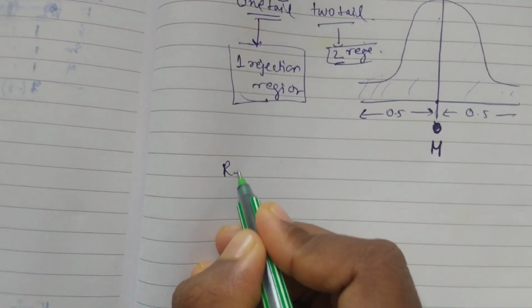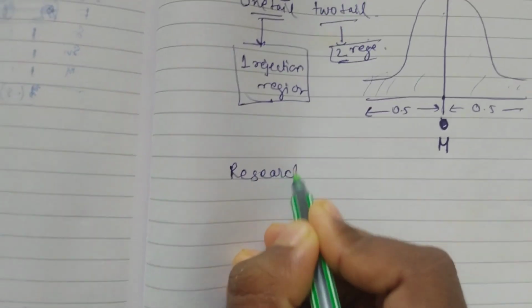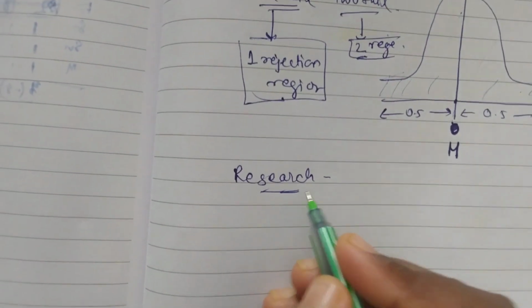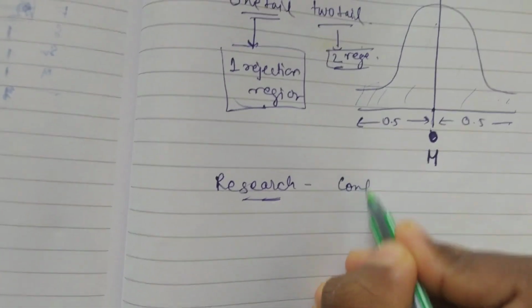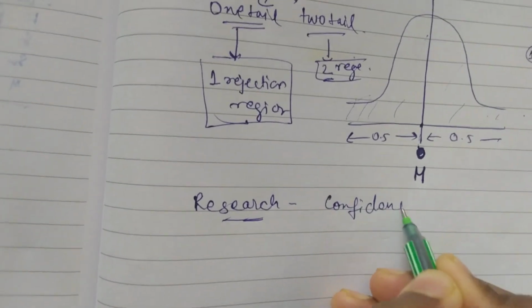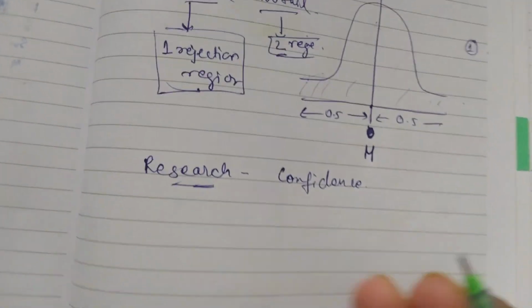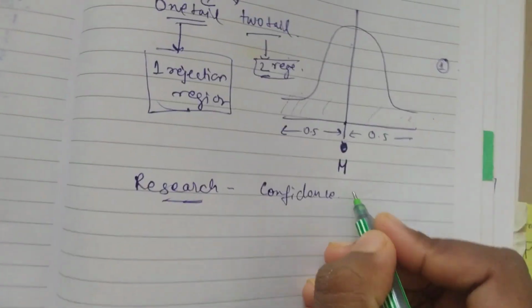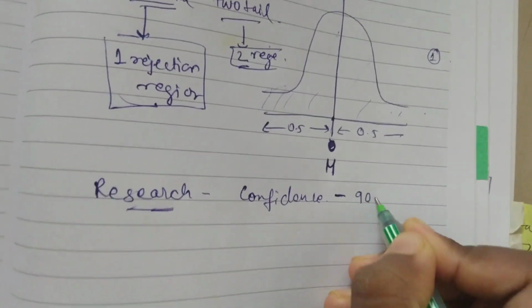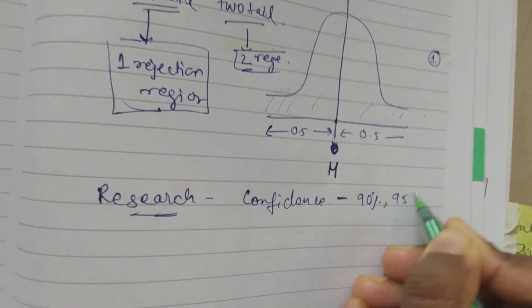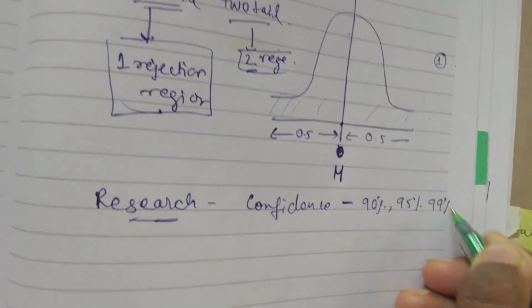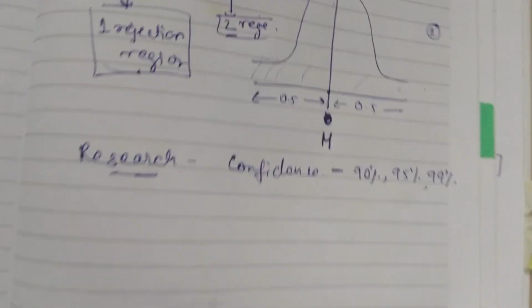Whenever a researcher does a research, he needs to have confidence in his research. Like, yes, I'm confident that this research is this much true. This will give you some percentage, 90%, 95%, or he will say I'm 99% sure that my research is good enough.